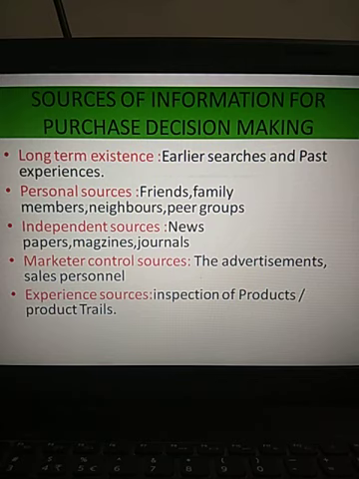Then there are independent sources: newspapers, magazines, journals; through all these, information gathering is also possible. Marketer-controlled sources mean the company representatives, advertisements, and sales personnel. Then experience sources: inspection of the products and product trials.